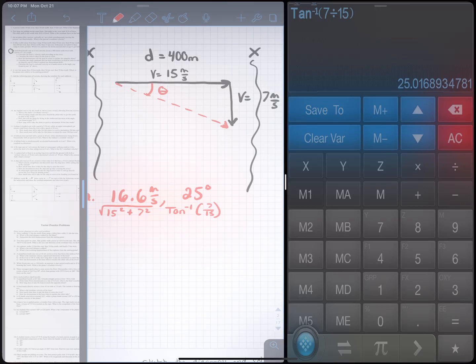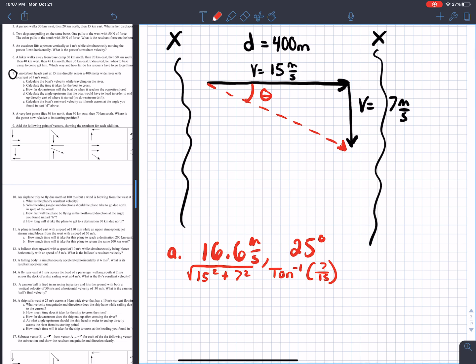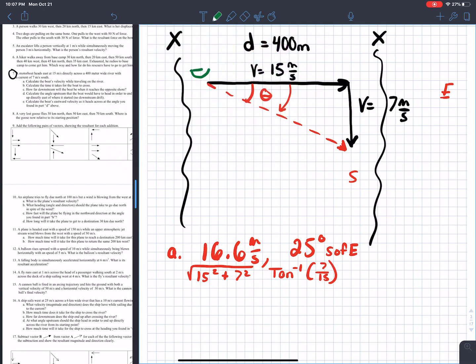And since this is looking at moving south, okay, since we said that this is south and this is east, that means we'd have to go south of east. So 25 degrees south of east. All right. So you got your little sailboat or motorboat here, and this boat is going to move across the river. Now, if the river did not flow at all, the boat would just go straight across.